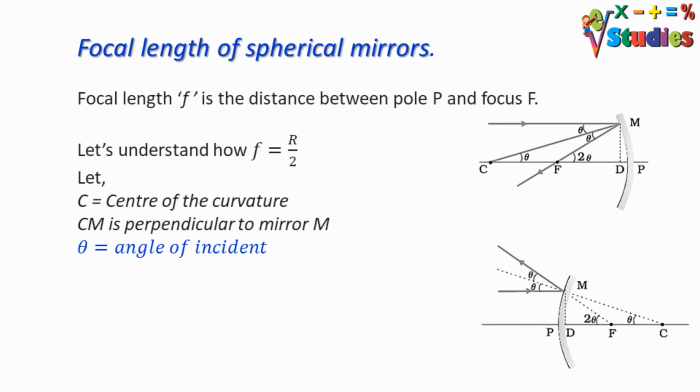Now we can see here that CM is the normal, and the angle of incidence theta is the same as the angle of reflection to the normal.